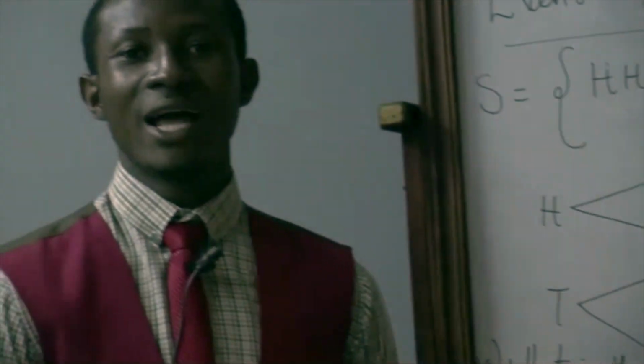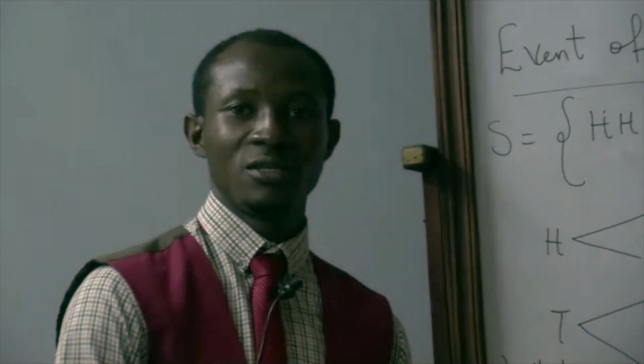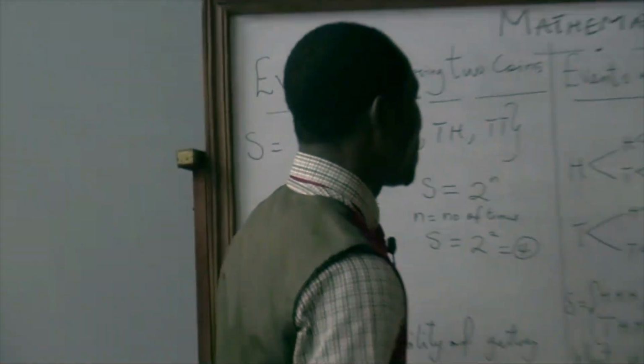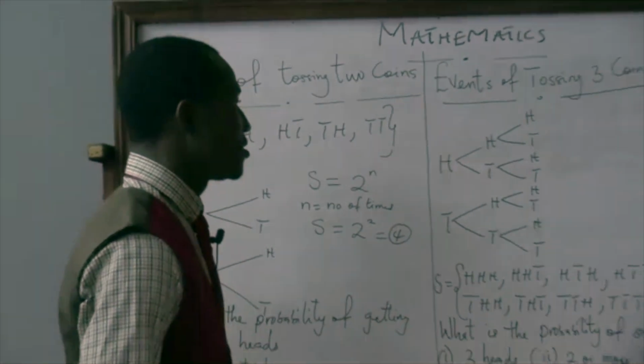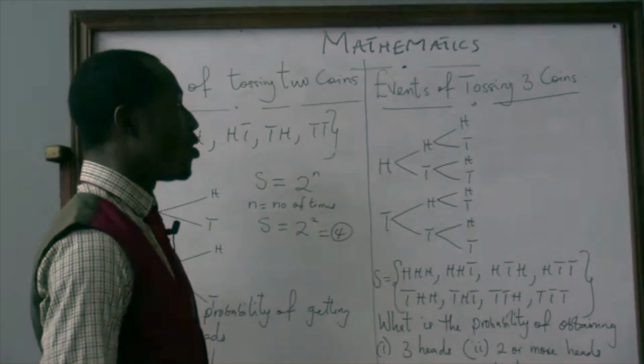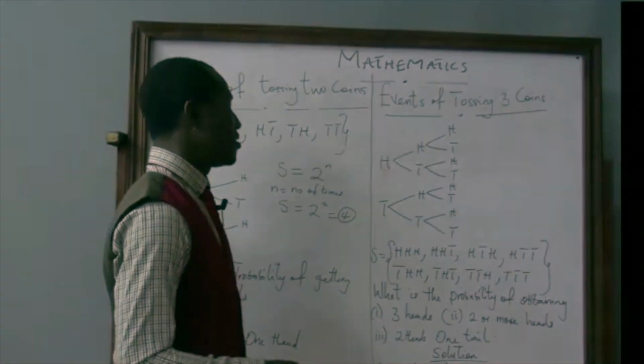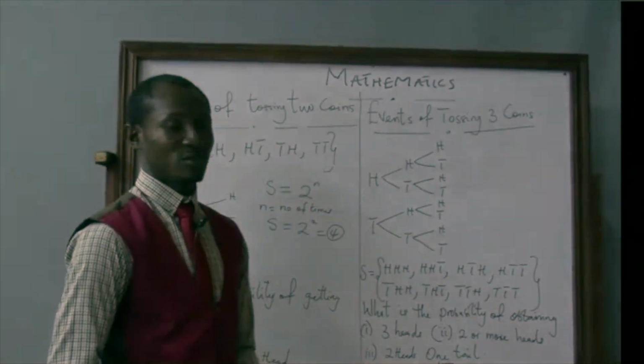When we have just 1 die, we play it twice. When we have 2, we just play once. So you count them and get the result. So here, if I'm tossing 3 coins at a time, or 1 coin 3 times, this is the way to get the possible sample space.